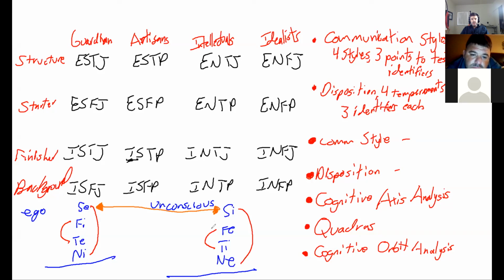Same thing here, all the way across. They're also connected. Same thing here. They are also connected. What this does is it creates something called cognitive orbit activation, something that will need to be added to the glossary. Of course, all of these things are activations.